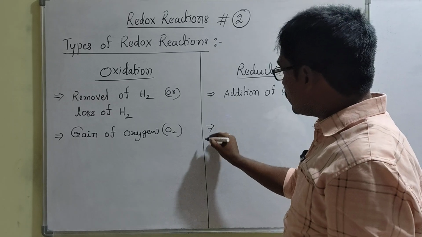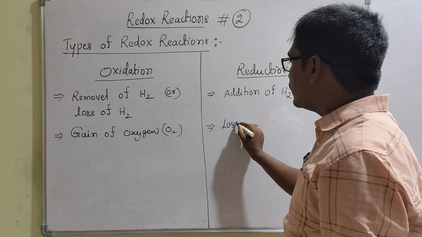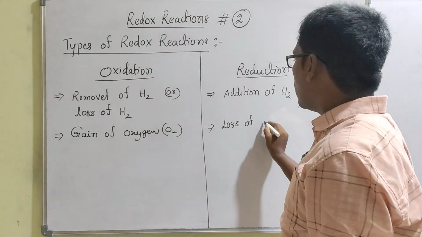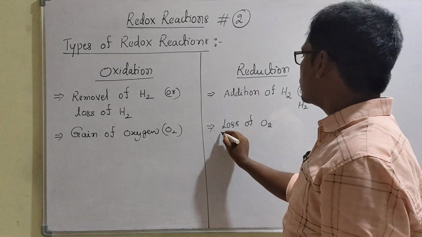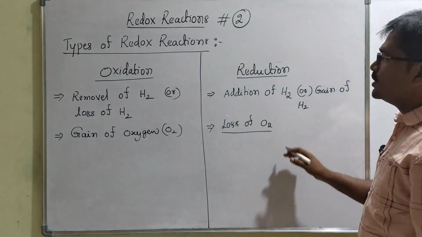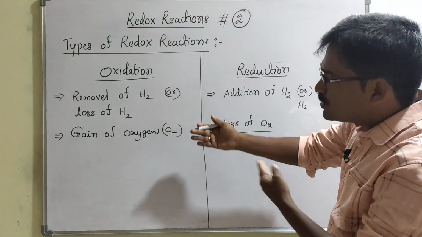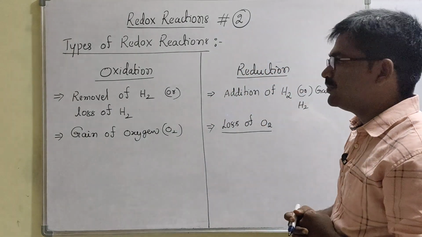Then in terms of oxygen, loss of oxygen O2 is also called reduction. So we know what is oxidation and reduction in terms of hydrogen and oxygen.